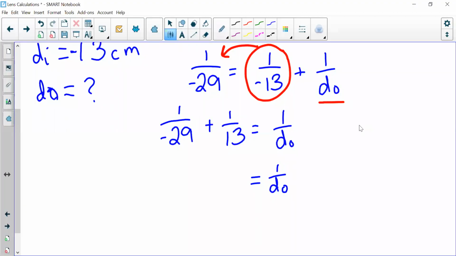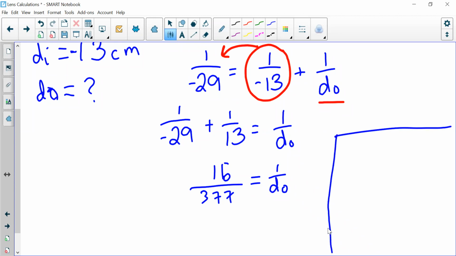Okay, so a whole bunch of you guys have 16 over 377. As a decimal, you would have had 0.04244, and it goes on and on and on.